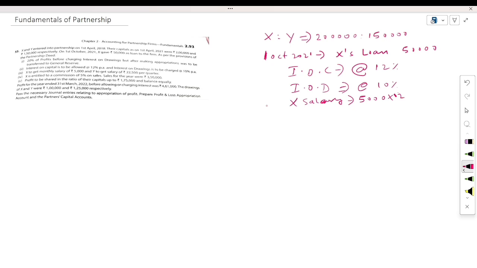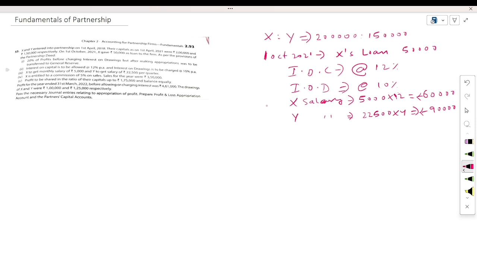It means multiply by 12, 60,000. This is X salary in a year. Y salary is how much? 22,500 per quarter. In a year there will be 4 quarters. Then how much salary will it be? Rupees 90,000. This will be the Y salary.